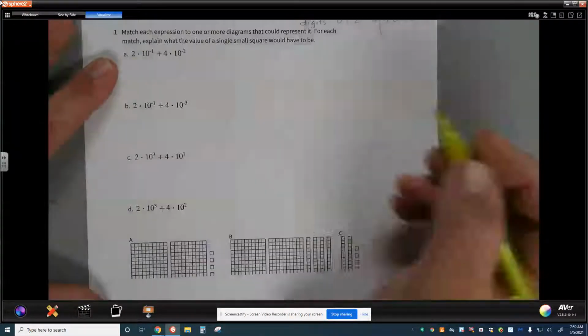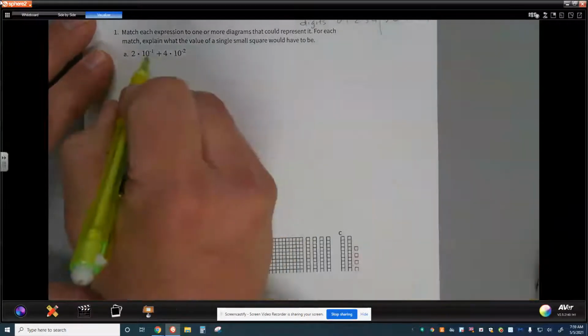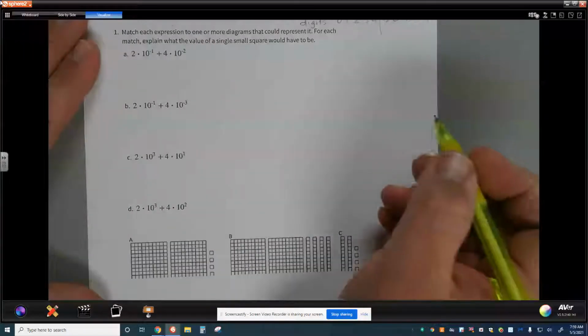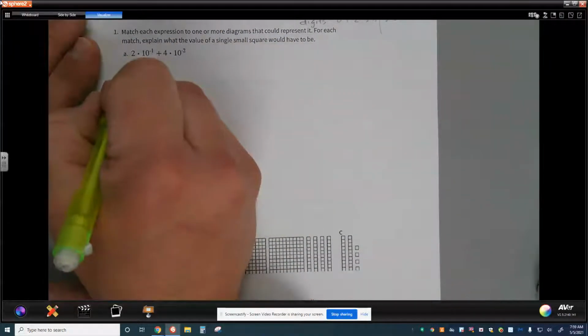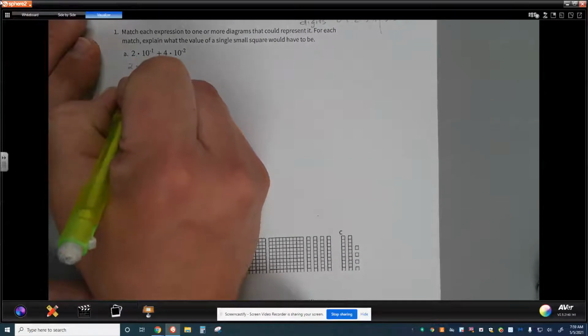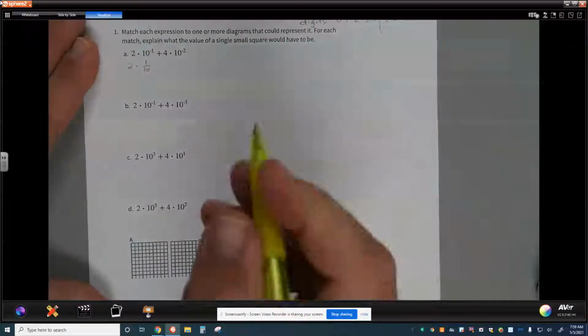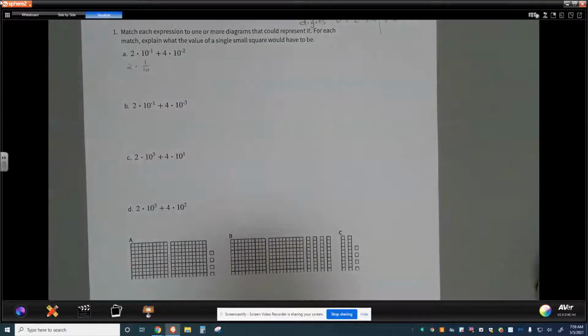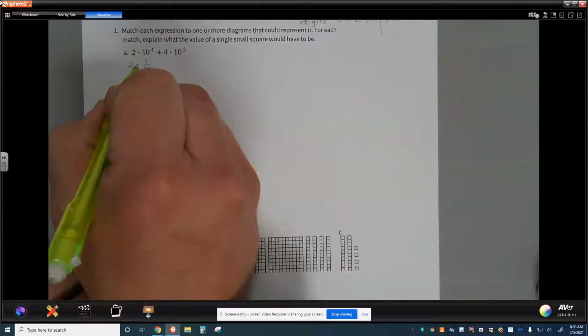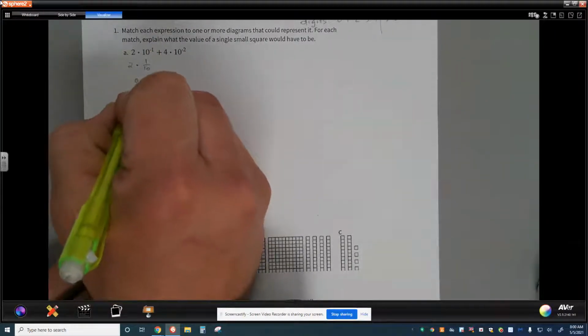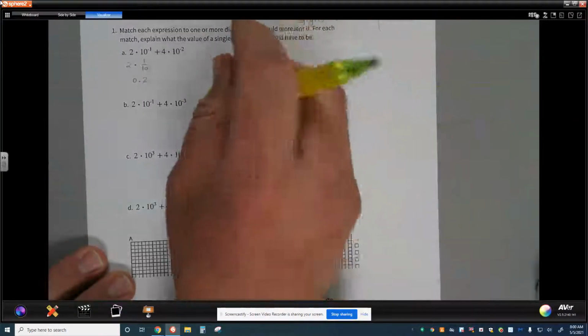We have 2 times 10 to the first power plus 4 times 10 to the negative second power. When we look at 2 times 10 to the negative first power, we're looking for something that's 2 times 1/10, a little bit smaller, which would be 1/10 the size of 2, which would give us 2/10.